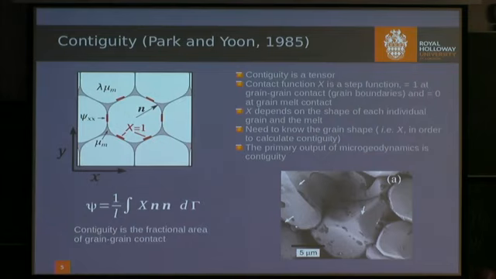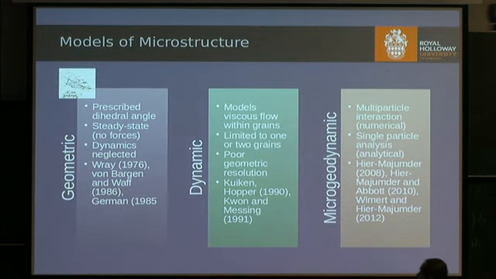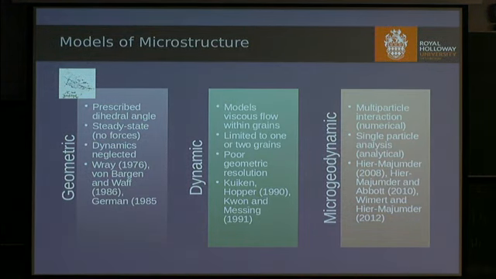So just a little bit of history. In my way of thinking, I would say that the classes of models of microstructure probably would be in two different categories in the classic work. The first one I'll call geometric. There's von Bargen and Waff, we talked about that paper quite a bit today. There's also Randall German, who did a lot of work on liquid phase sintering.